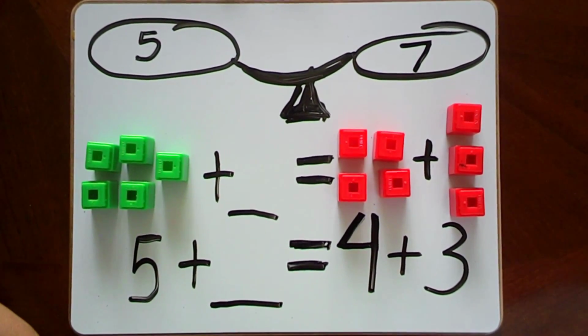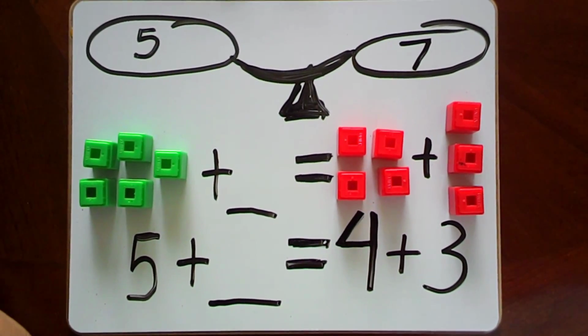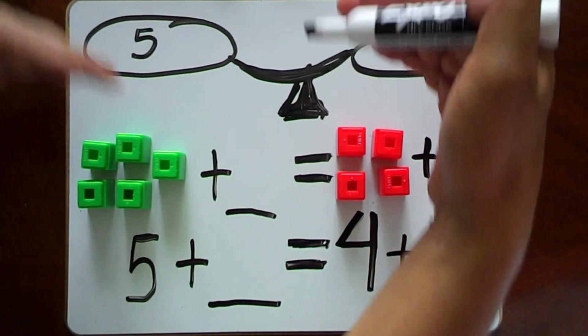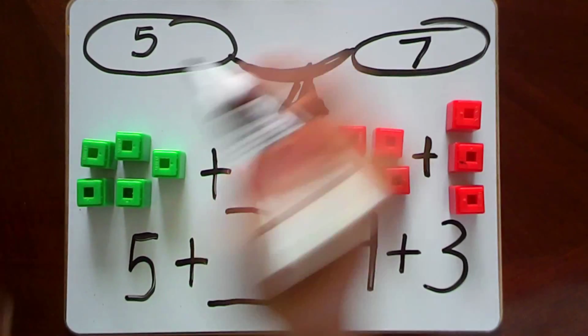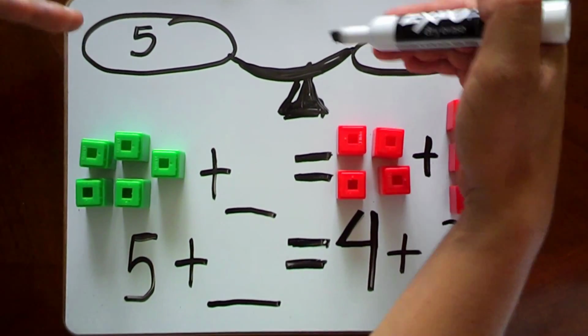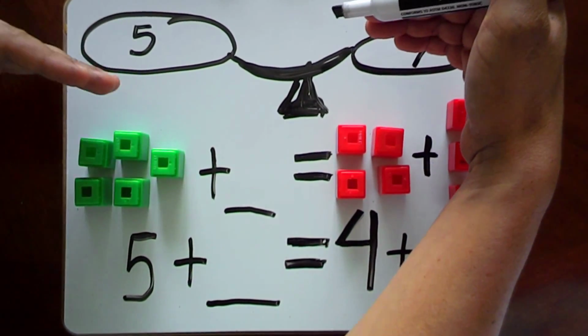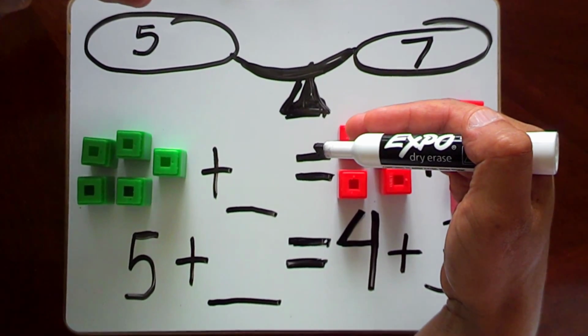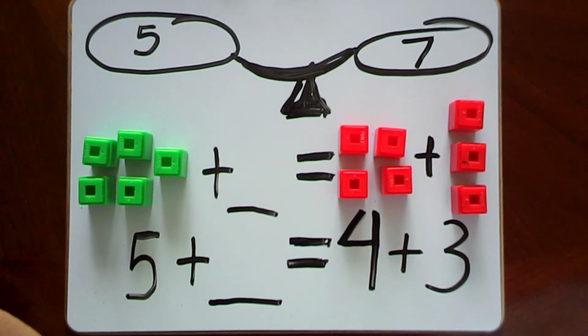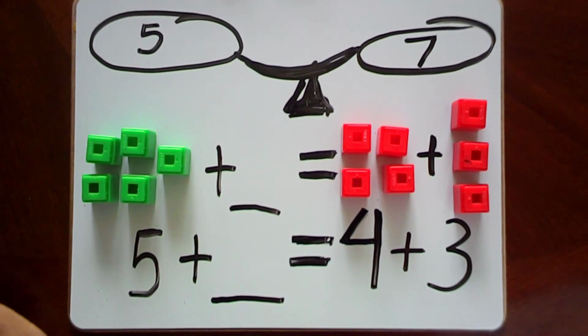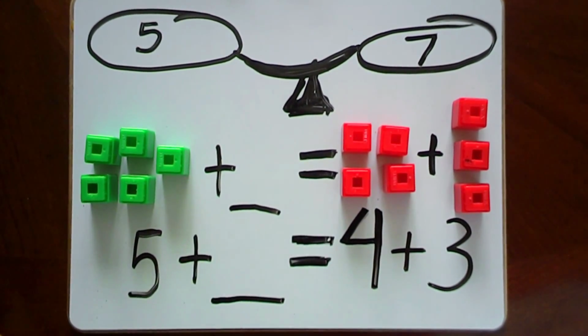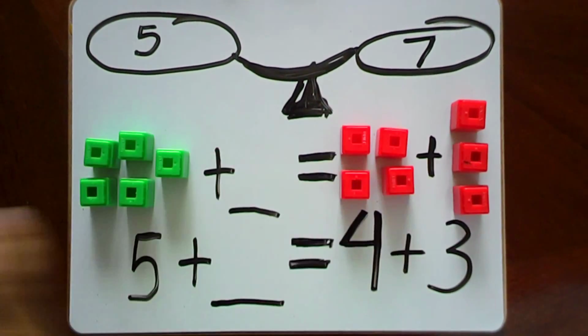So again, knowing what we know about balance scales, how is this balance scale gonna look like? Is it gonna look even? Or is the 7 gonna be heavier than the 5 and look lower than the 5? So we wanna make it look even. Okay, we want them to be equal. We want them to be the same on each side.